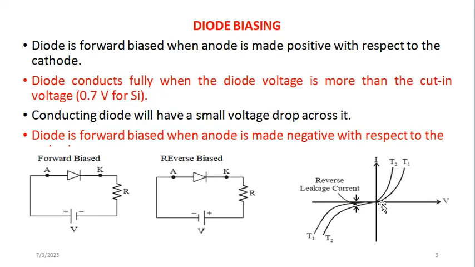The silicon diode requires 0.7 volts to be forward biased, and the germanium requires around 0.2 volts.